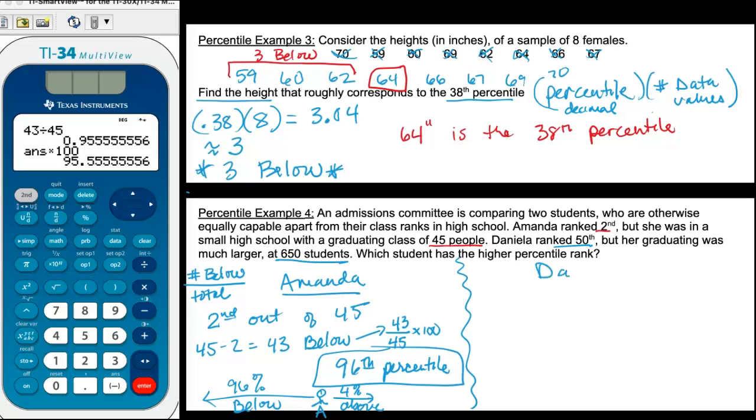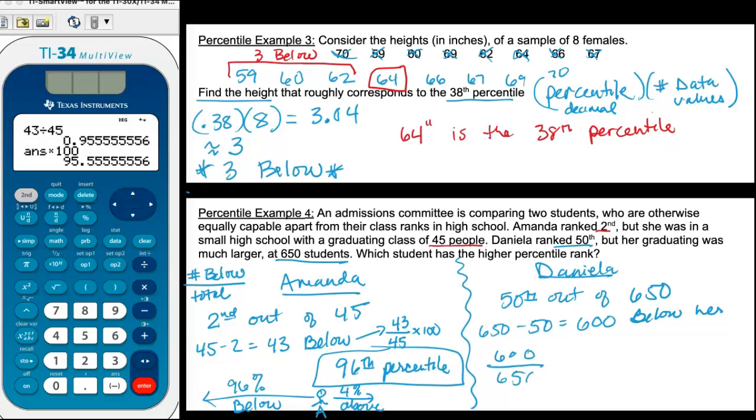And then let's look at Daniela. So if Daniela ranked 50th out of 650, well, we can just do 650 minus 50, and that gives us 600 people are going to come after her or below her. And so I'm going to take 600, the number below, divided by the total number of people or data values, which in this case is 650.